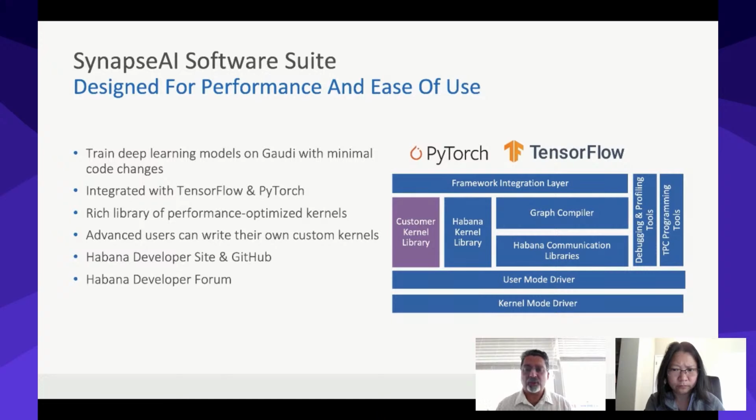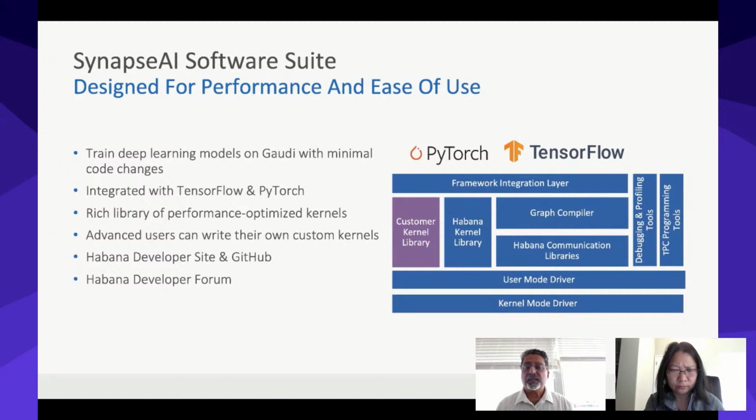However, just to get it training on Gaudi is nothing but a change in targeting from GPU to the Habana Gaudi processor. That is our goal, that any model that trains on PyTorch or TensorFlow can train on Gaudi. Of course, there are always optimizations you can make in order to extract the maximum performance.